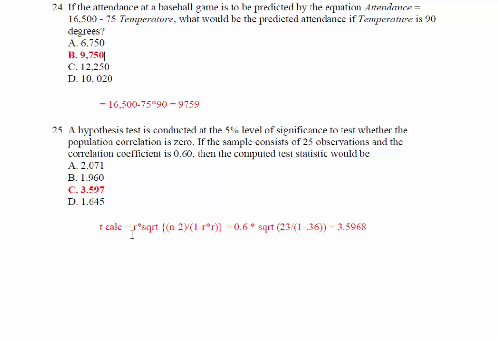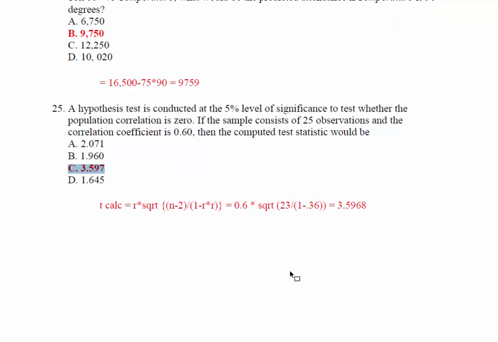We have everything. We have r 0.6, and n minus 2 is 25 minus 2, that's 23. 1 minus r squared, where r is 0.6, so therefore r squared is 0.36. You carry out the calculation, you should get 3.5968, or round it up to 3.597. C is the answer. Okay.